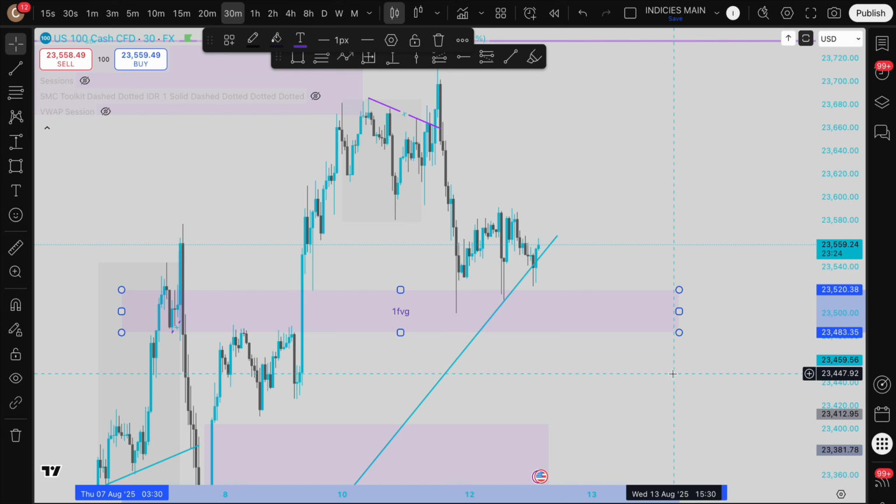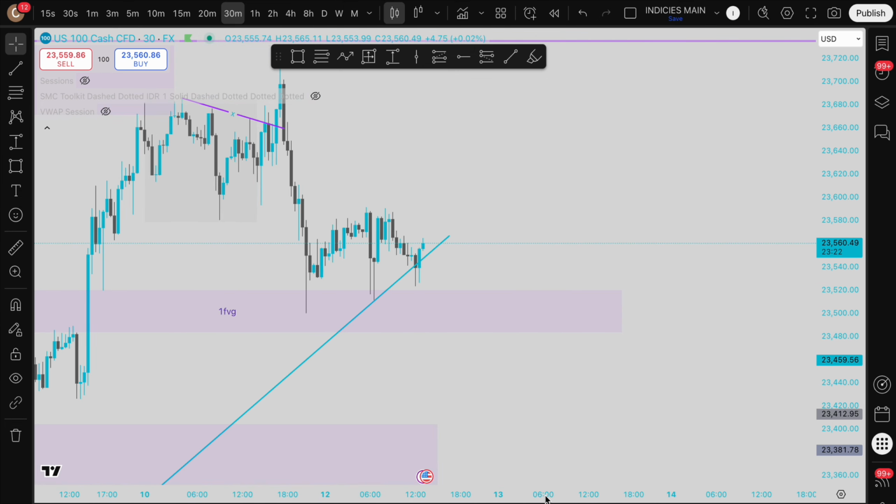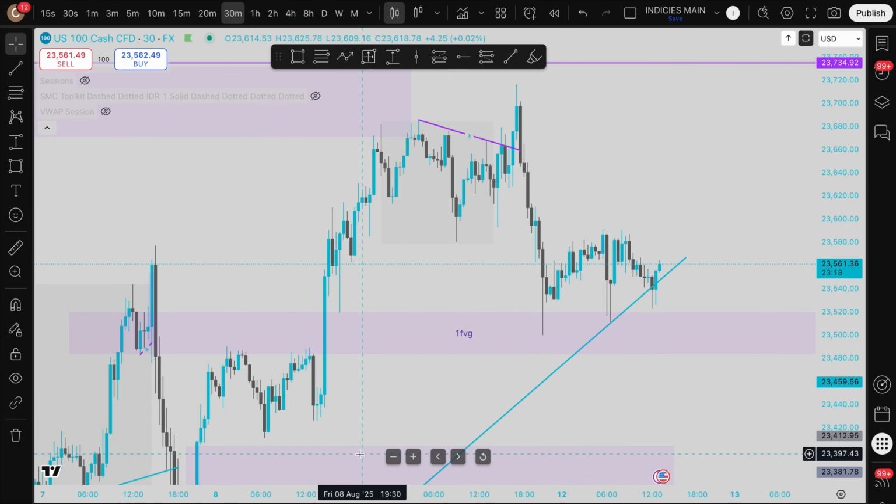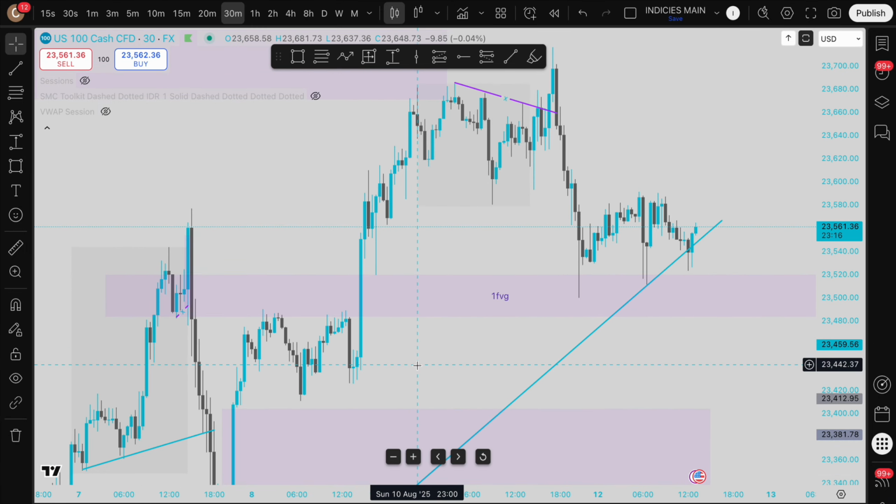But that is how you understand how important candlesticks are within trading. It's live and direct price action. You can know and understand what's going on as it's happening.